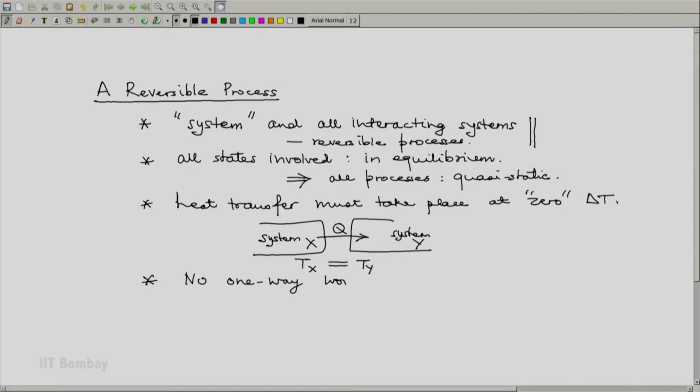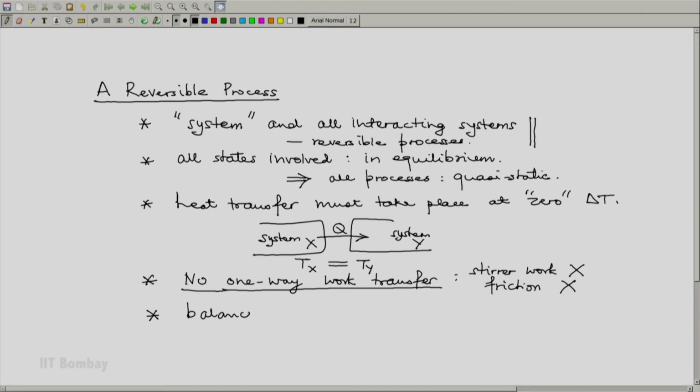The fourth one, there should be no one-way work transfer. This means if we have a fluid, something like stirrer work is out, friction is out, and related to this, one more requirement, there should be a balance of forces.